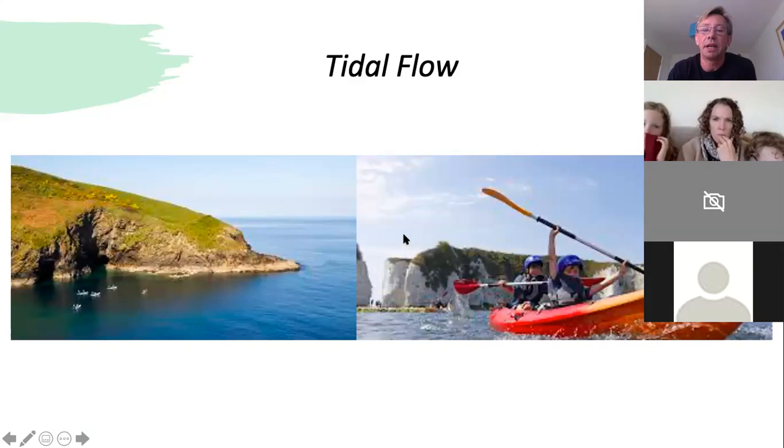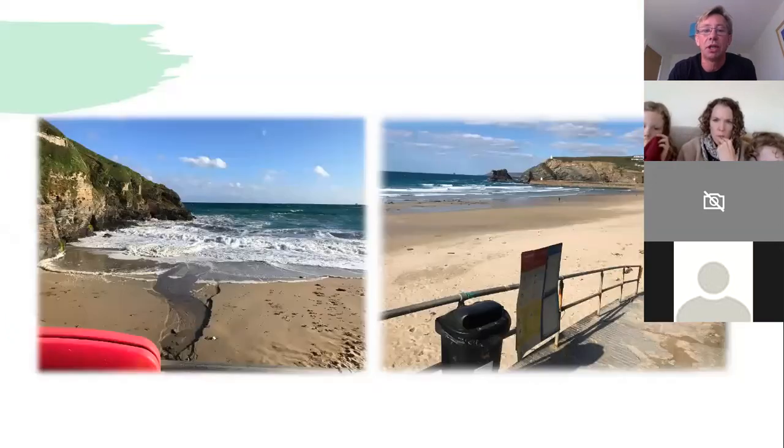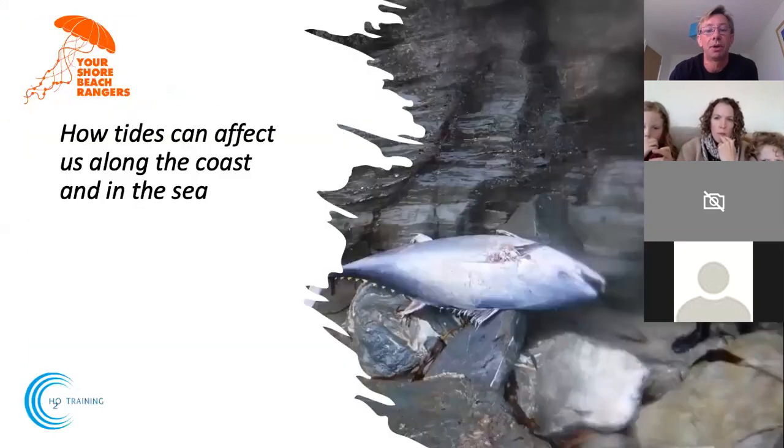I'm just going to flick back to the pictures that I took yesterday of the beach. This is quite choppy, but if it's a nice sunny calm day and you went out in your kayak out of this bay, around this corner there's massive big cliffs. So actually an outgoing tide would naturally take you that way. And so you can see that that actually could cause problems if you're out in the water.